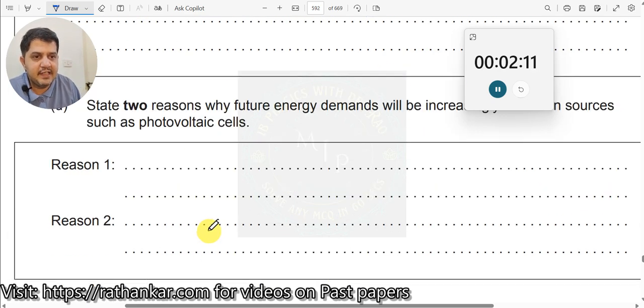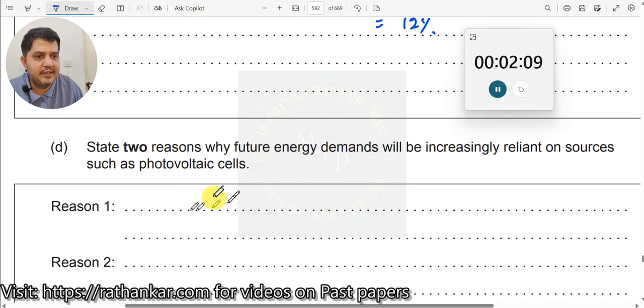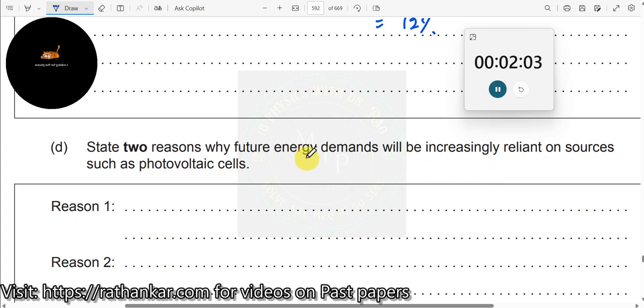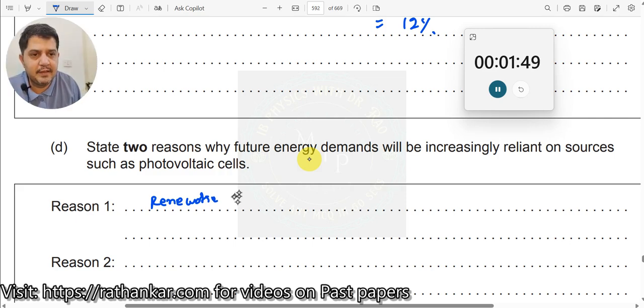Okay, state two reasons why future energy demands will be increasingly reliant on sources such as photovoltaic cells, which is very clear, as we all know. So photovoltaic cells, we rely on it. The reason is that the energy from the sun is renewable. I'll write it down properly.